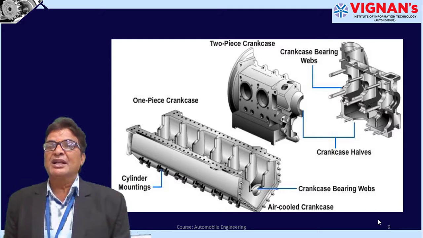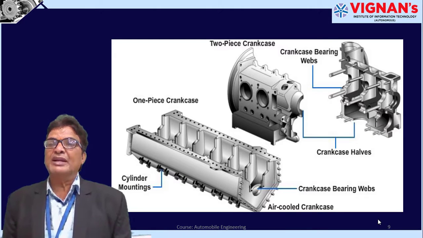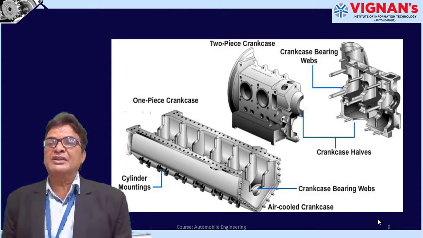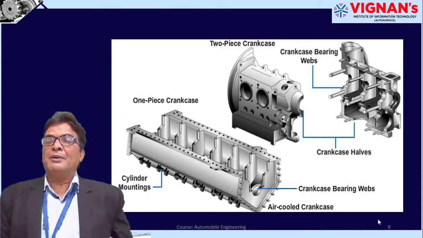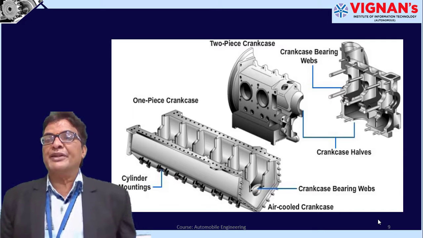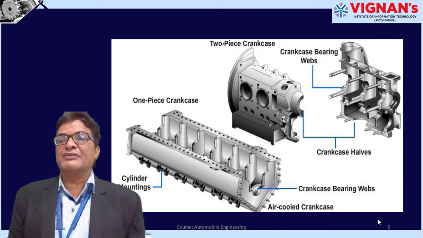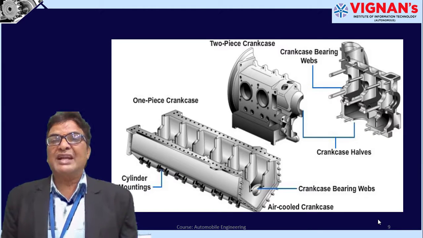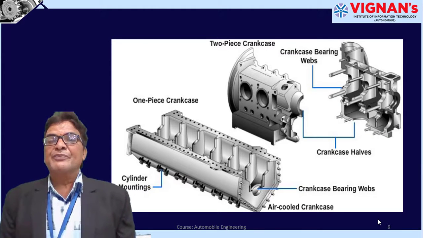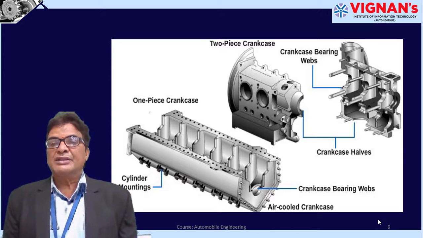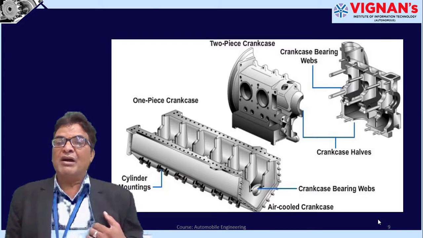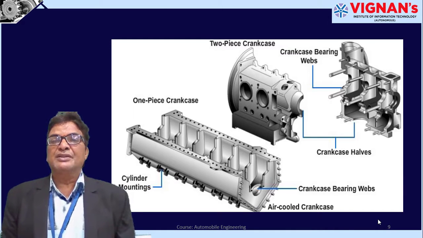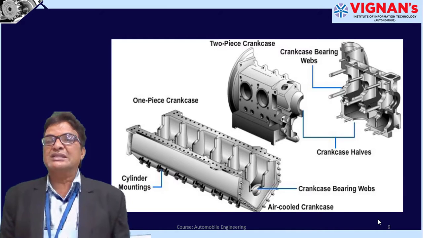The crankcase bearing has two webs, and in the webs there are fixed two bearing halves. In the bearing halves, the connecting rods are fixed so that the engine can work. This crankcase holds the lubricant oil to cool the engine. That we are going to discuss in the next lesson.